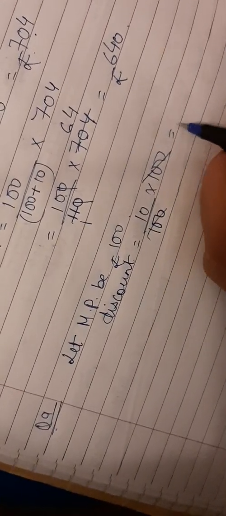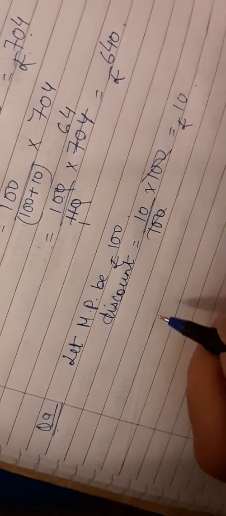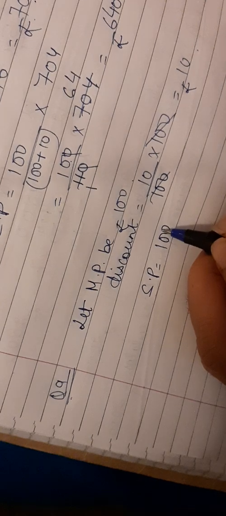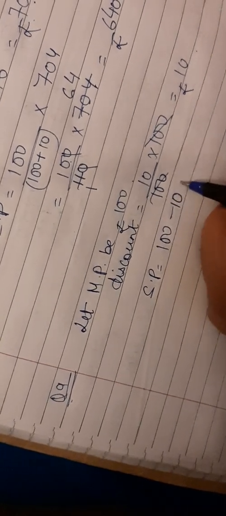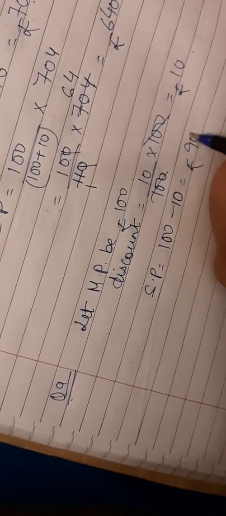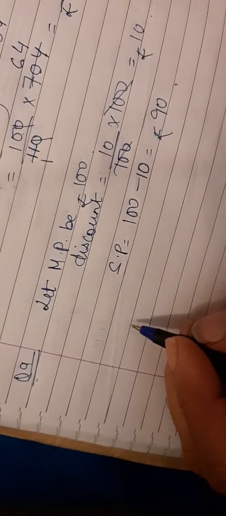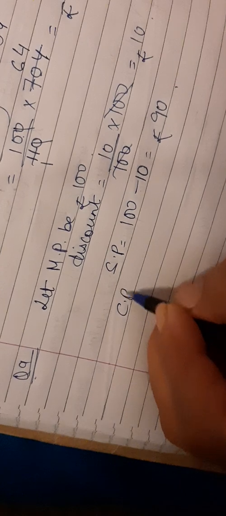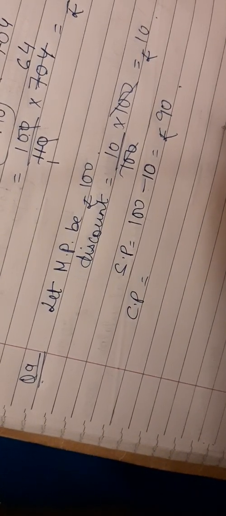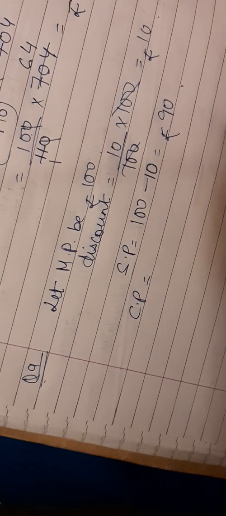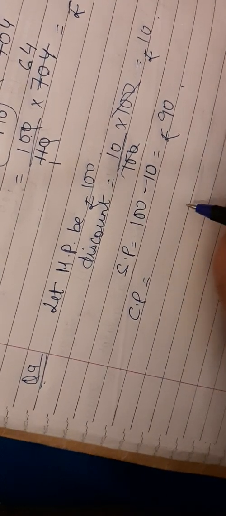This cancels out, it means discount is rupees 10, and SP will be MP, which is 100, minus discount, which is 10, and SP comes out to be rupees 90. Then we are going to find CP of the article. At what percent higher than the CP? So first let us find CP.